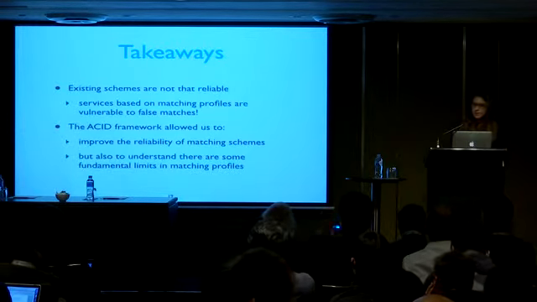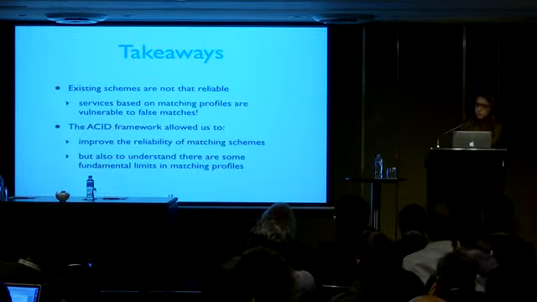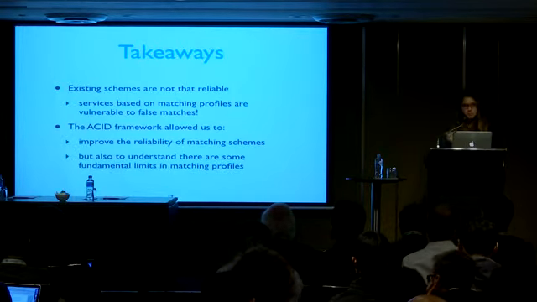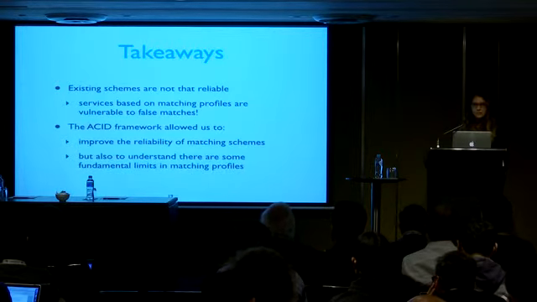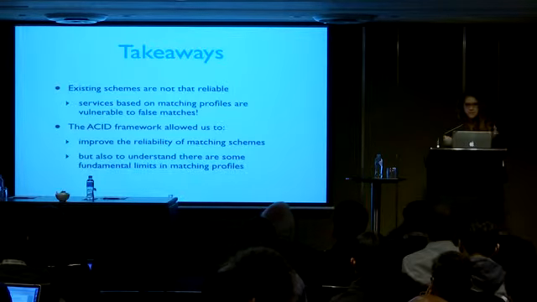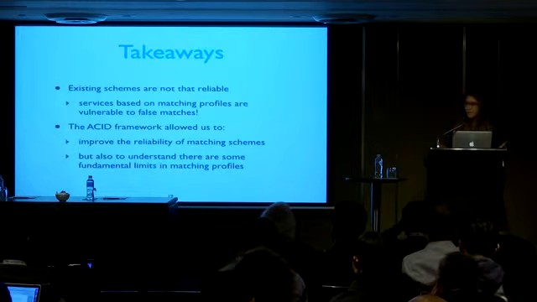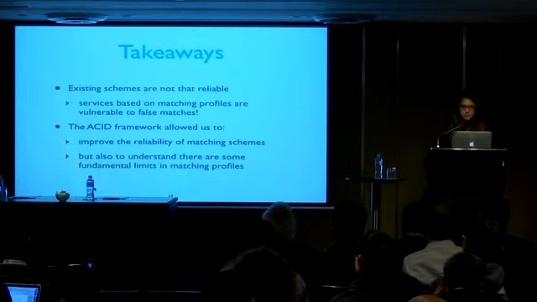And second, that the ACID framework not only allowed us to improve the reliability of matching schemes, but more importantly, it allowed us to understand that there are some fundamental limits in matching profiles, because the dataset has only so much discriminability that we can exploit. Thank you, and I will take your questions now.